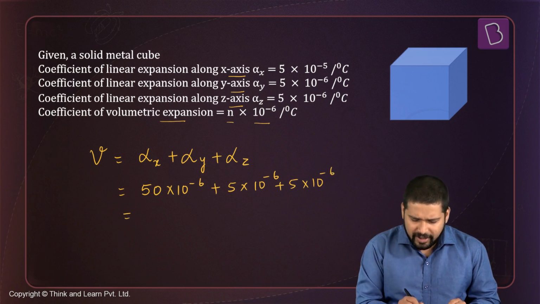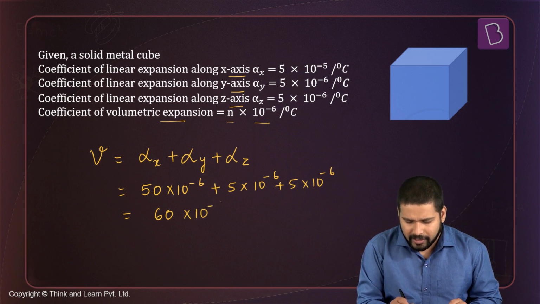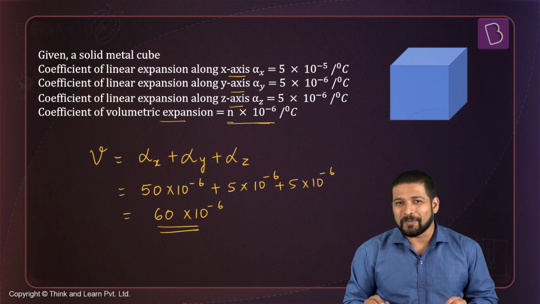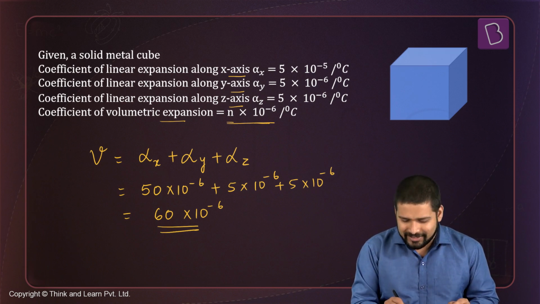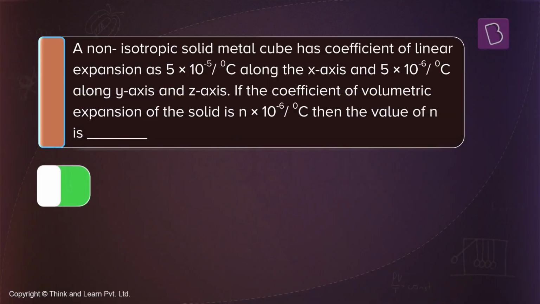Well, this gives me a value of 50 plus 10, that's 60 into 10 to the power of -6. And if you compare it with the expression given in the problem, n comes out to be 60. So the value of n is 60, and that is the answer to this question.